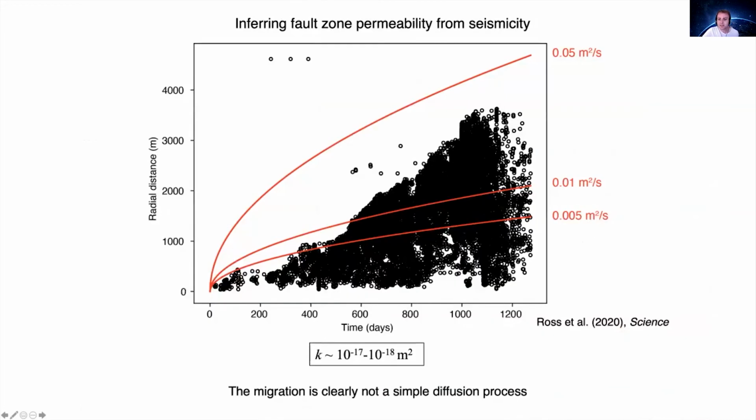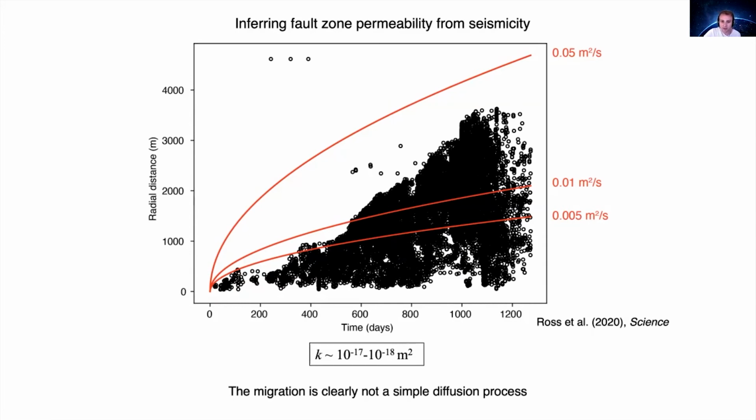We can take this and try to estimate something about the permeability structure of this fault zone. If you assume a simple point process diffusion model for pore pressure, you can use these types of square root of T curves to try to bound the front by which this thing expands. And the first thing I'll note is that this doesn't look anything like a square root of T. And I think this is very clearly much more complicated than that.